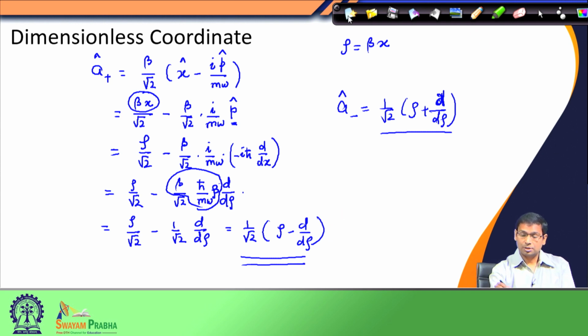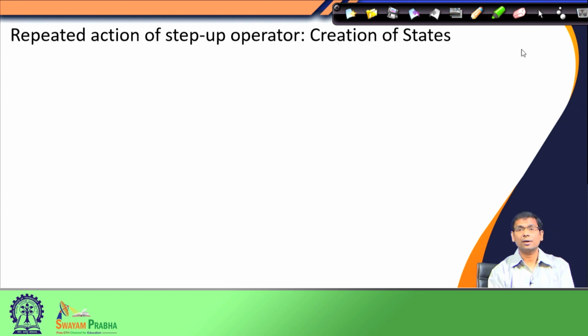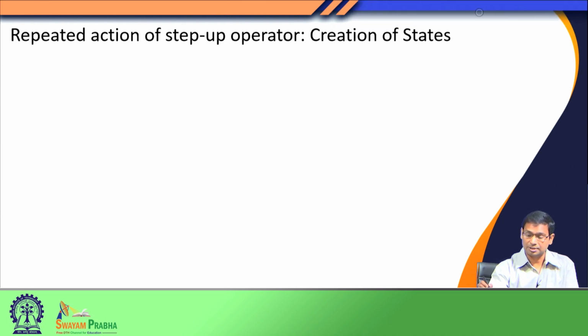We would now continue our discussion. So far, what we have done is that we have obtained the functional form of the lowest eigenfunction, that is phi 0, but we do not know what are the functional forms of other eigenfunctions of the harmonic oscillator problem, and that is what we are going to discuss next.